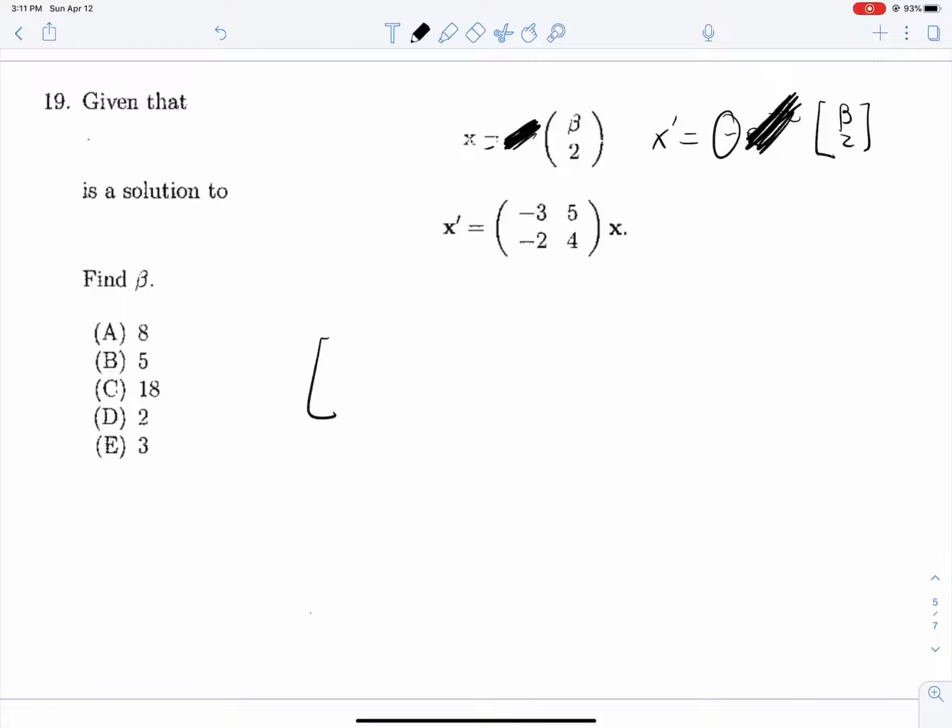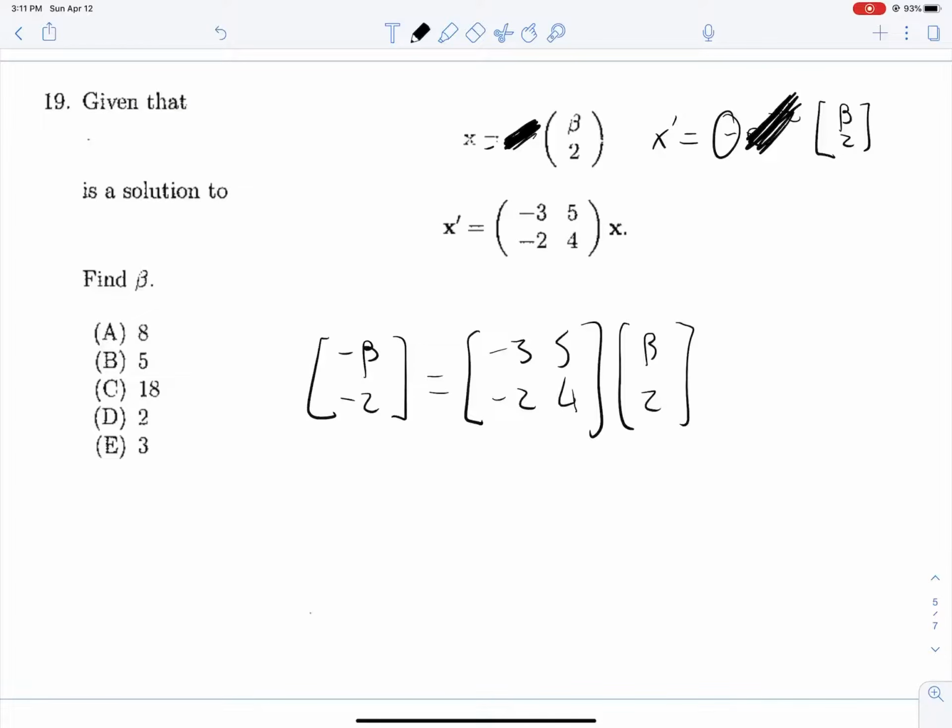We get negative beta, negative 2 is equal to negative 3, 5, negative 2, 4 times beta 2. Expanding this out into two equations, we have negative beta is equal to negative 3 beta plus 10, and negative 2 is equal to negative 2 beta plus 8.